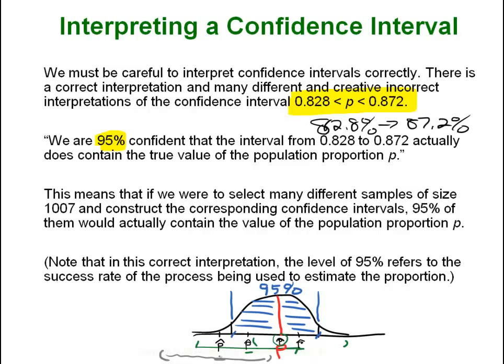And so 95% of the time, all of those intervals that we build around those p's will be wide enough to capture the red p, the true proportion of our population. But 5% of the time, those p hats are too far out. They're outside the blue zone.